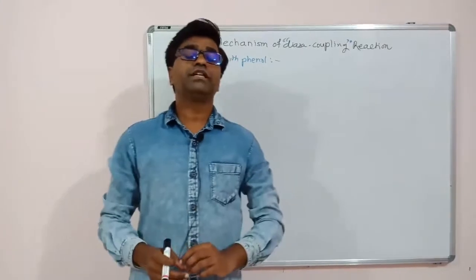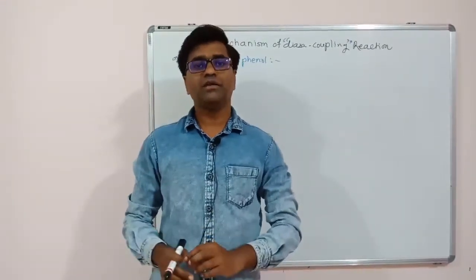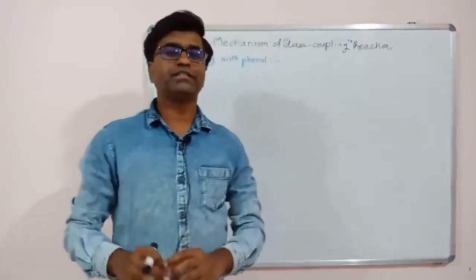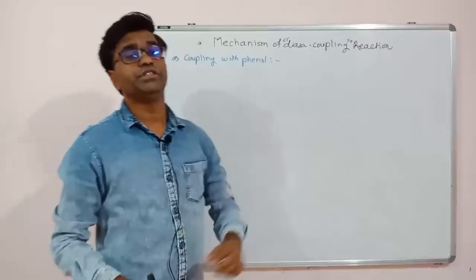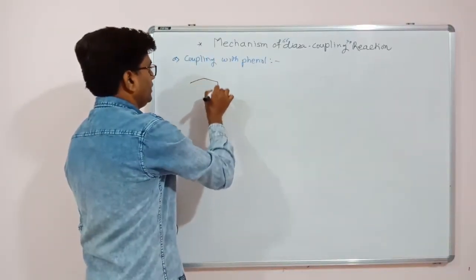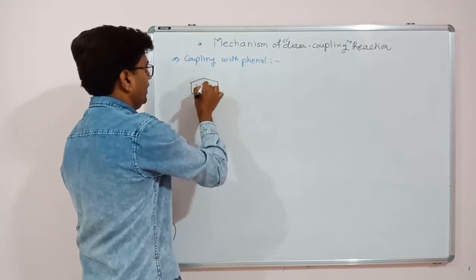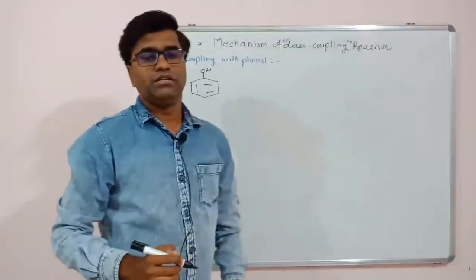Friends, we saw the general mechanism of azo coupling with phenol as well as amine. Now we will learn the mechanism individually, that is, first we will see the coupling with phenol. So you know the structure of phenol. Phenol, here is the aromatic ring and here is the OH. Right.